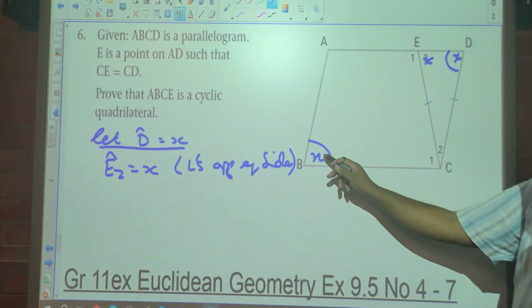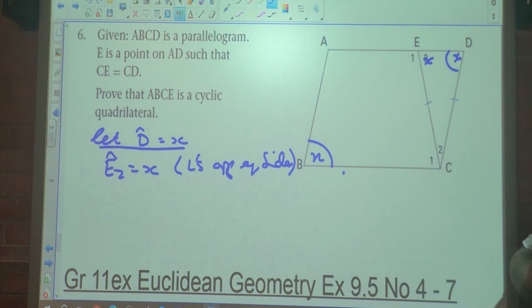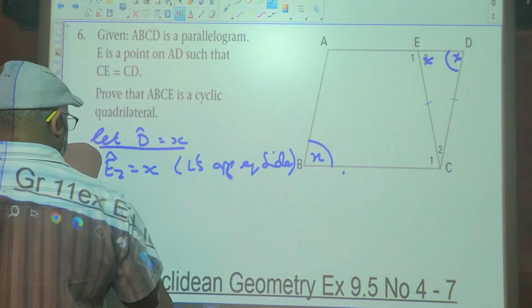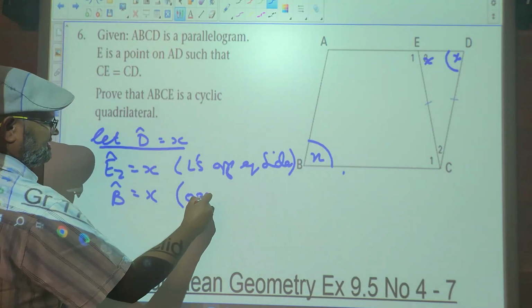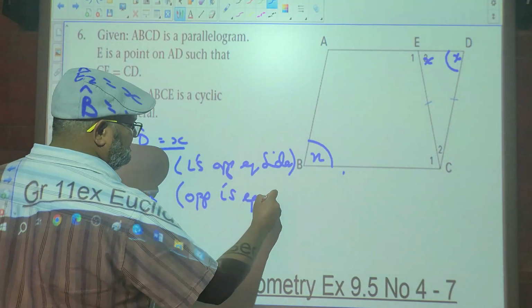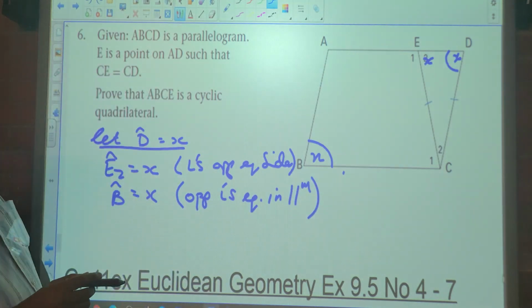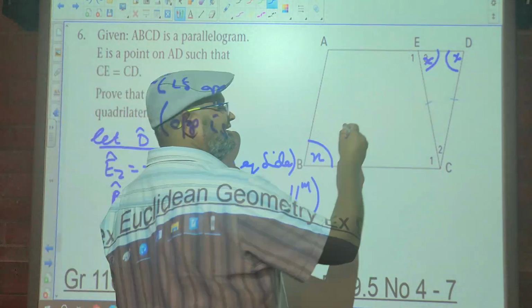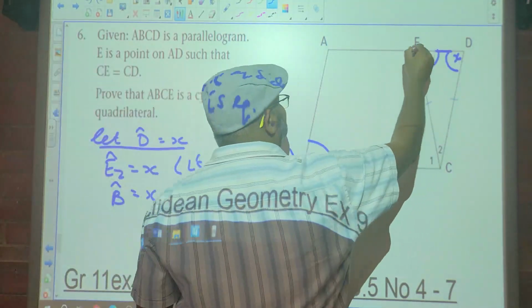But D is equal to E. Opposite angles are equal. There we go. Angle B is equal to x. Opposite angles are equal in a parallelogram.